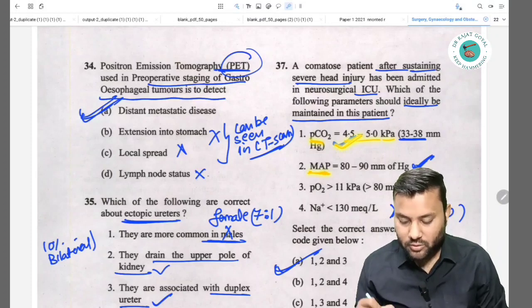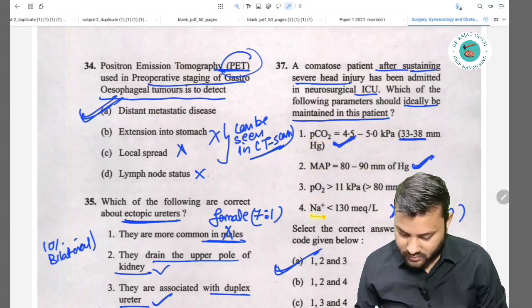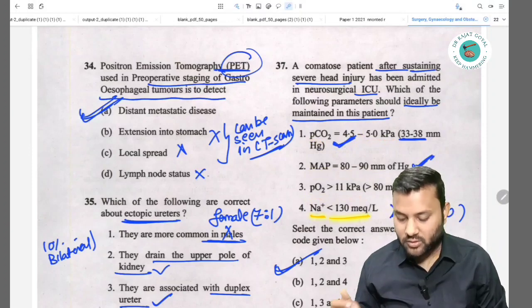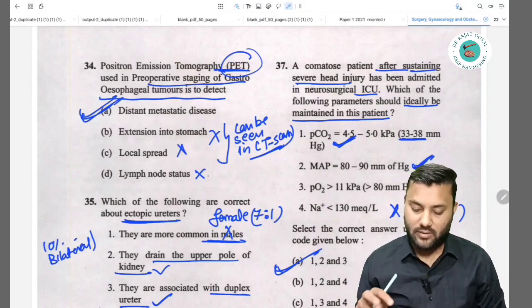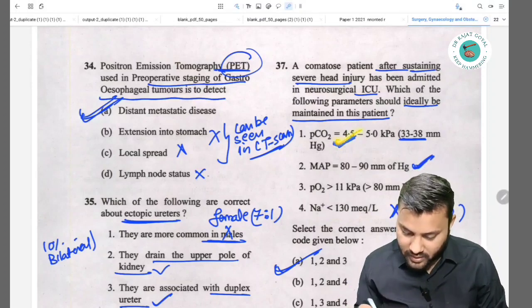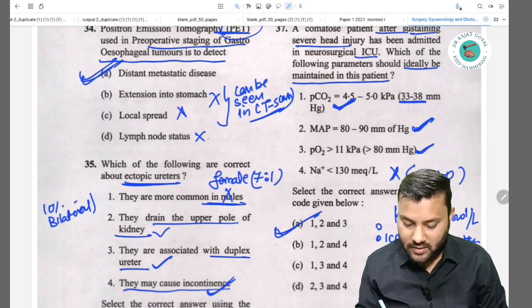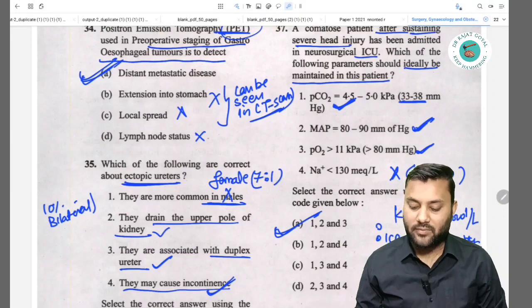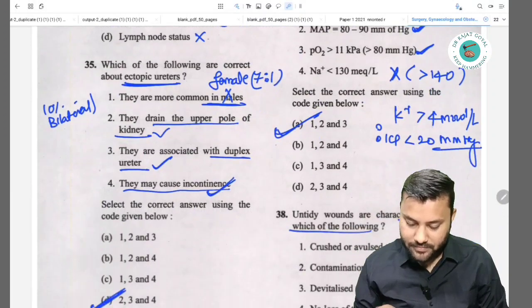Mean arterial pressure should also be maintained between 80 to 90, and PO2 should be maintained greater than 11 kilopascal. This is true, but sodium less than 130? No, sodium should be more than 140 to be in the normal range. So answer will be 1, 2 and 3, and option 4 is incorrect. It should be greater than 130, or specifically it should be greater than 140. So answer will be 1, 2 and 3.